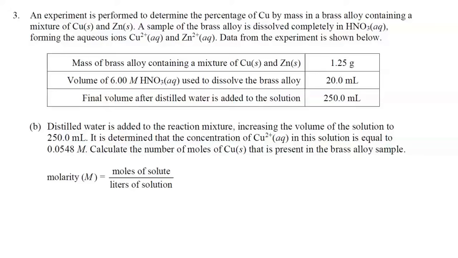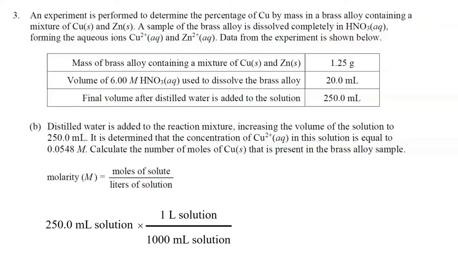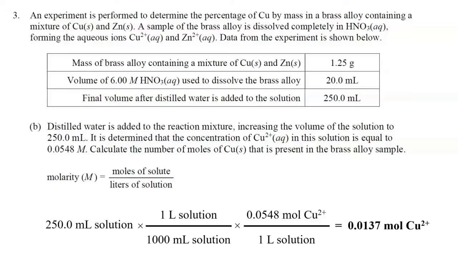So we'll start with the volume of the solution, 250.0 milliliters. We'll convert milliliters into liters, so times 1 liter over 1,000 milliliters. We'll use 0.0548 moles of copper ions per liter. If we do this math, 250 divided by 1,000 times 0.0548, round off to 3 significant figures, because the molarity has 3 significant figures. So 0.0137 moles of copper ions.